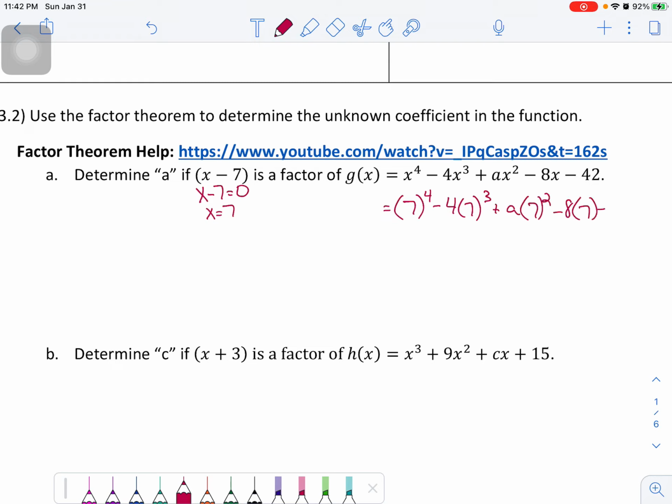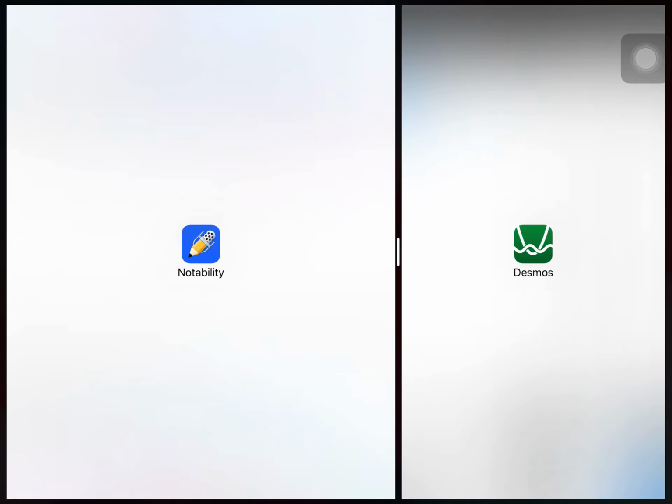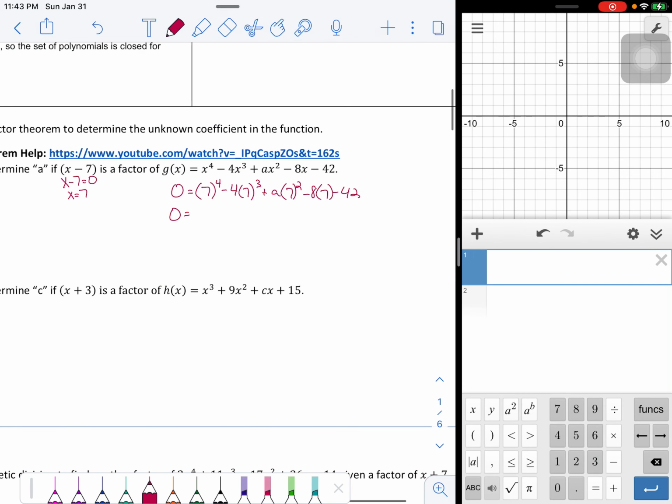Minus 8 times 7 minus 42. Now, because x minus 7 is in fact a factor, when I put this function value in, all of these 7's replace x, and the function is then equal to 0. I'm going to pop open Desmos here, because this is a great place to use a calculator.